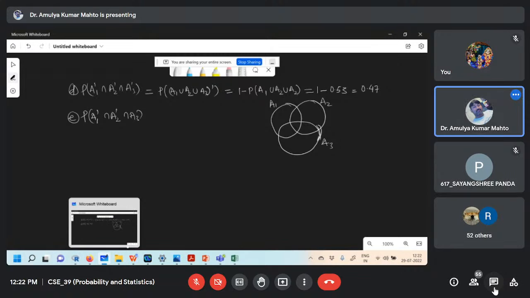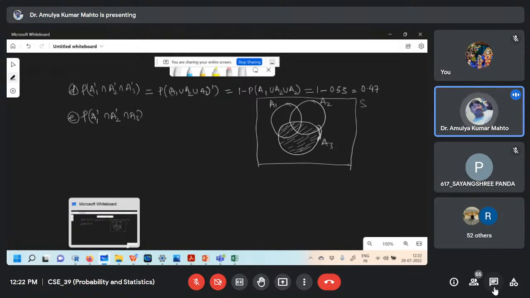Okay, so what I need to consider, A1 dash intersection A2 dash intersection A3. So A3 is this entire part. Let me color it by white. Okay. Then A1 dash is the outer part. Suppose I can draw a sample space, entire sample space.